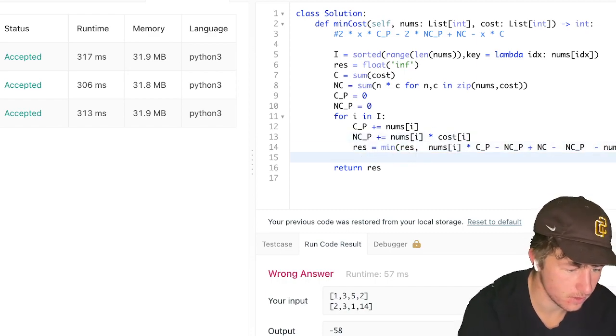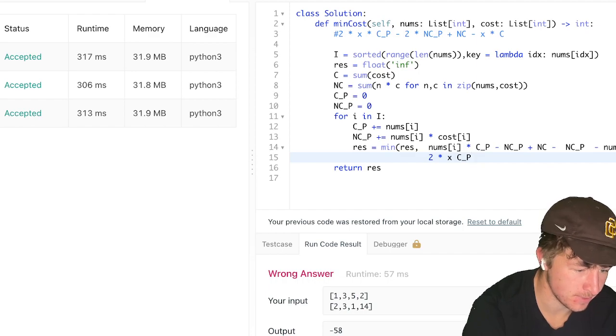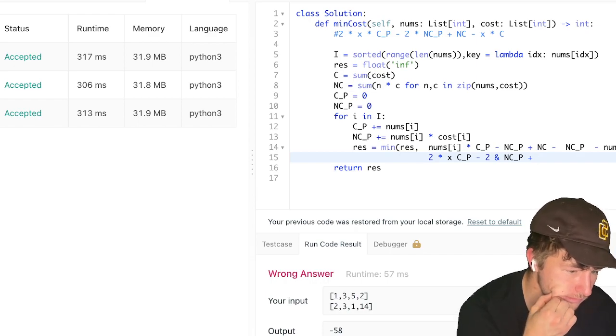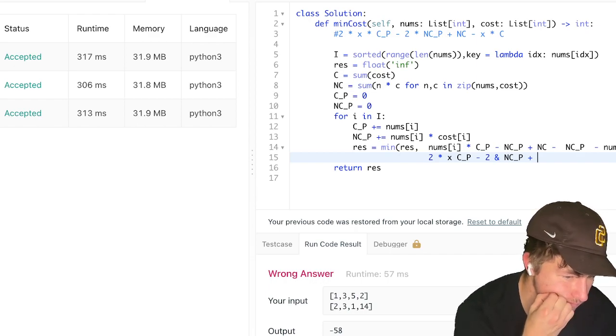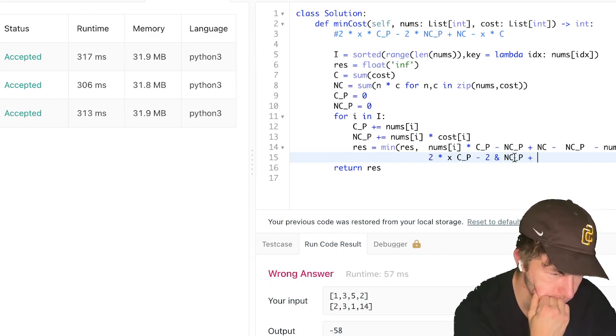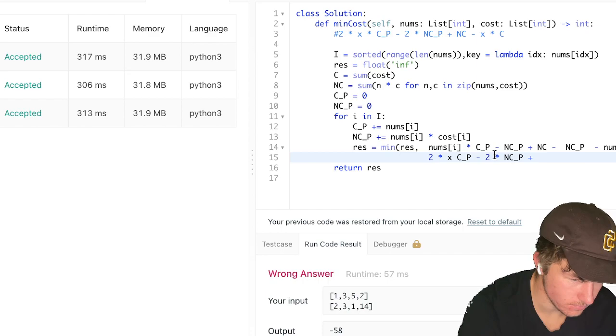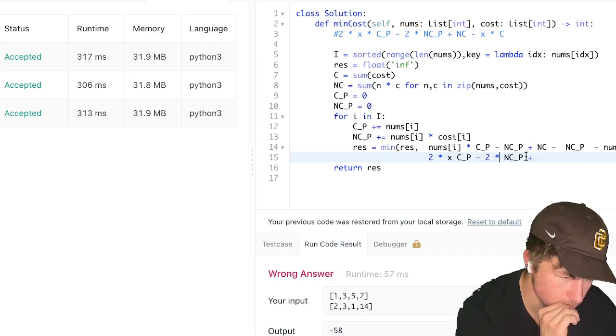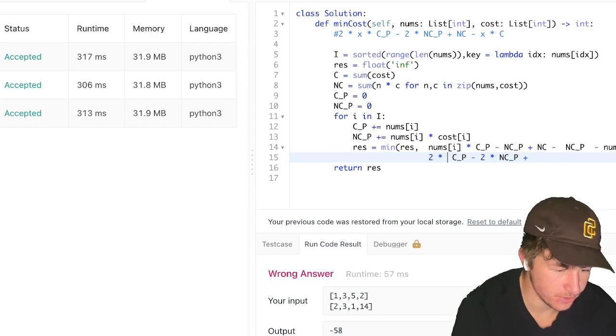So this is 2 times xc prime, because a minus that goes over there, minus 2 times nc prime plus. If you did this in an interview, you'd be totally screwed.